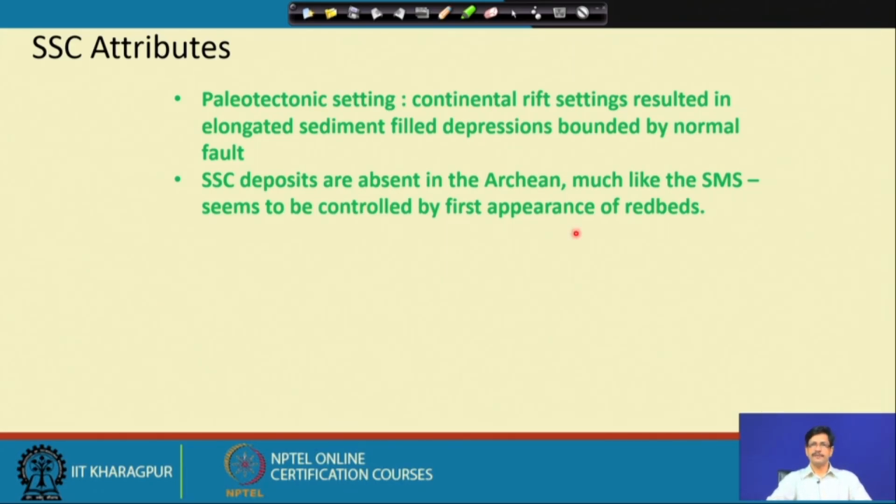That is one of the very significant aspects of these deposits, that they never formed in the Archean, where we know that because of the very low partial pressure of oxygen, the conditions were much more reducing, and might not have been able to create a system where you need an oxidizing condition for the efficient transport of the metals and then deposition in reduced zones. So that is how they are lacking in the Archean, and the first appearance of the red beds seems to be an important controlling factor in the formation of these deposits.